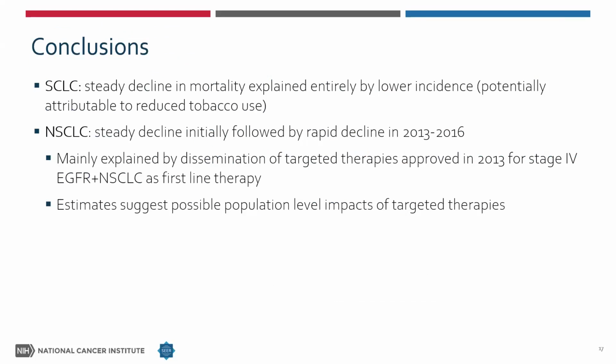And this was explained by dissemination of targeted therapies that were approved around 2013 for stage 4 EGFR positive non-small cell lung cancer cases. And these estimates suggested a possible first-time population level impact of targeted therapy that were introduced for this patient population.